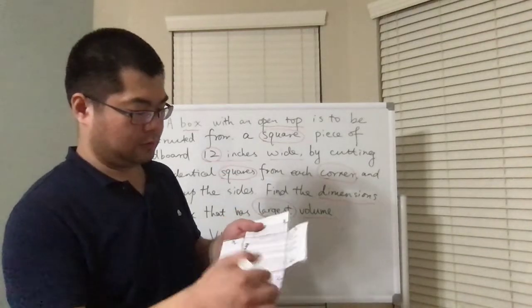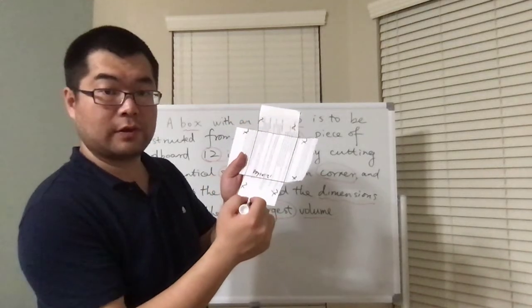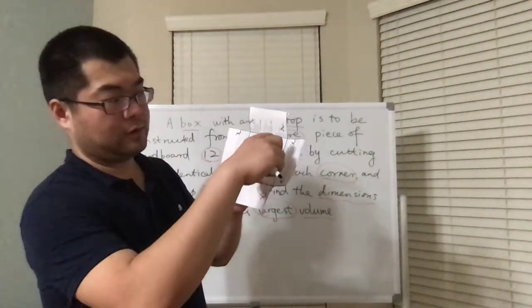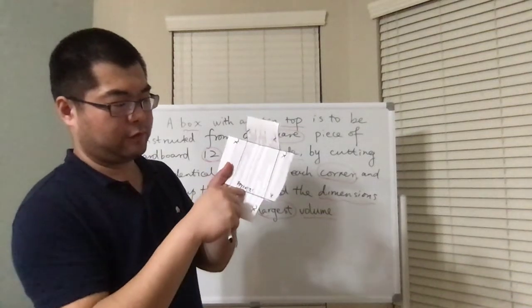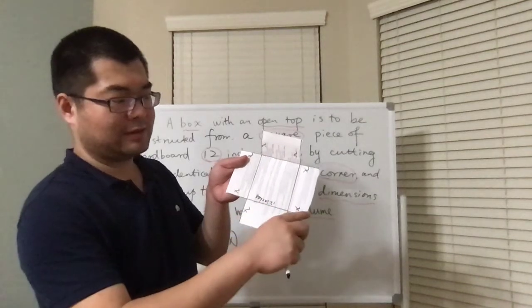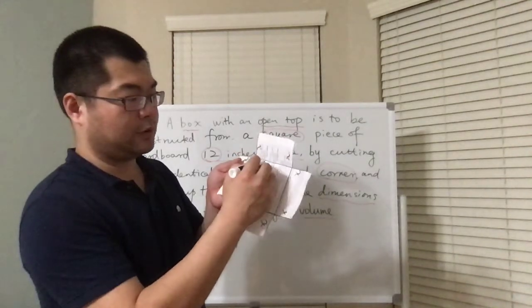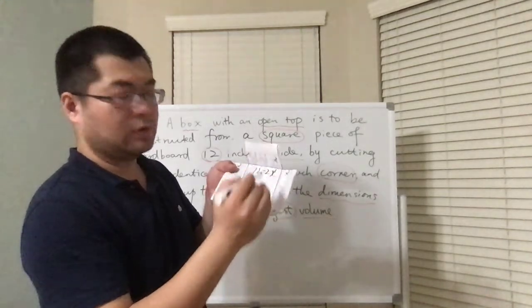Since this part from here to here is 12 inches, do you agree that the length of the base square is 12 minus x, minus another x, right? So the length of each side is gonna be 12 minus 2x.